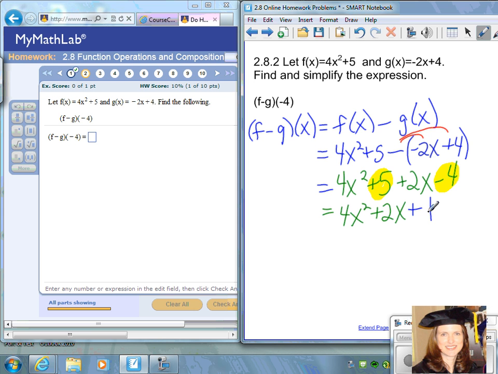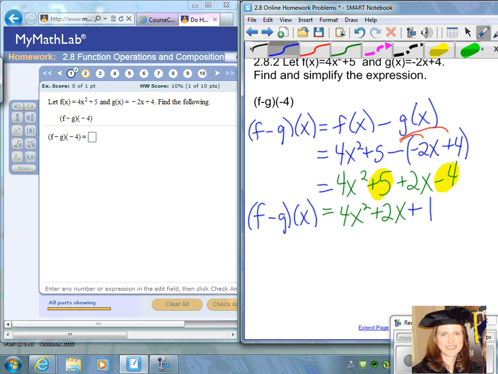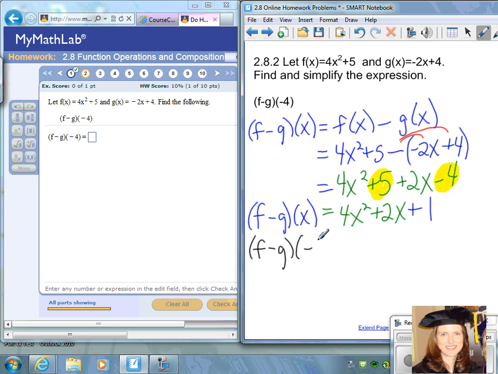Now that's your basic f minus g of x, general form for any x, and we want to evaluate this for x equals -4. So we want to find f minus g of -4, plug in -4 for the x values: 4 times -4 quantity squared plus 2 times -4 plus 1.